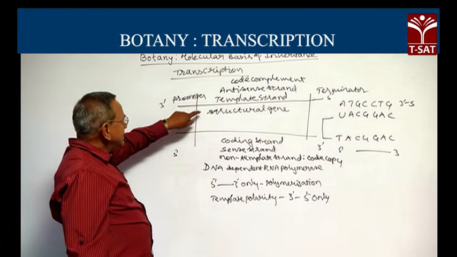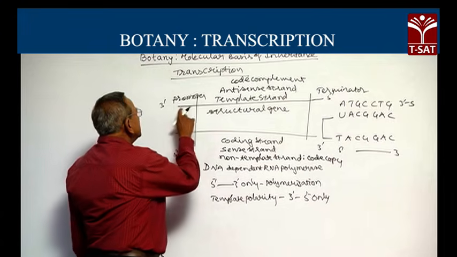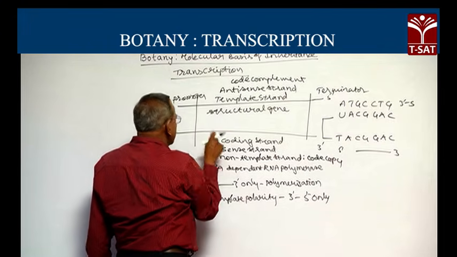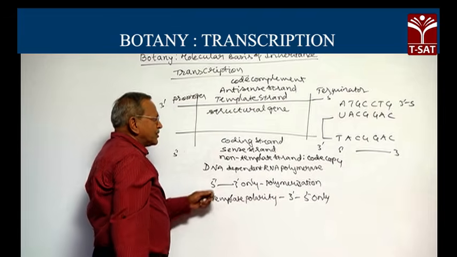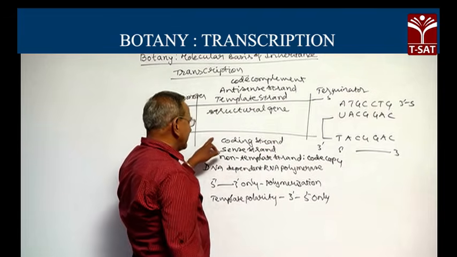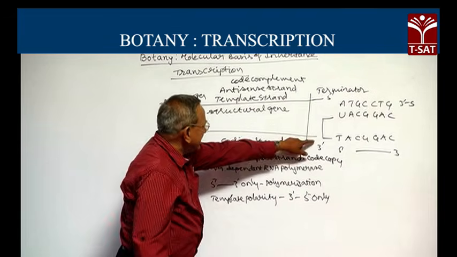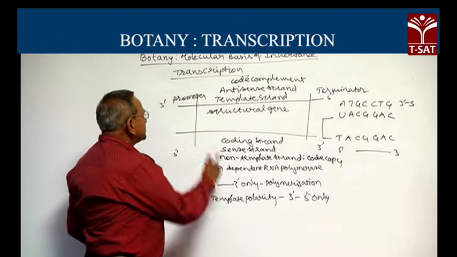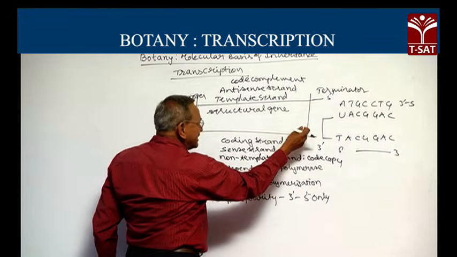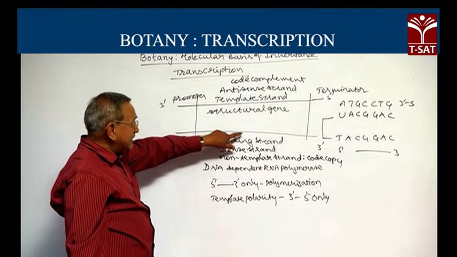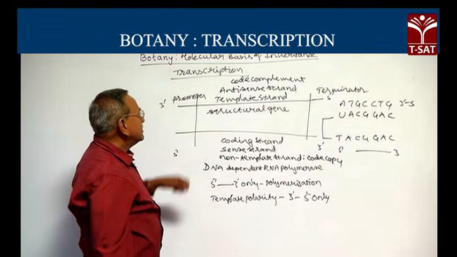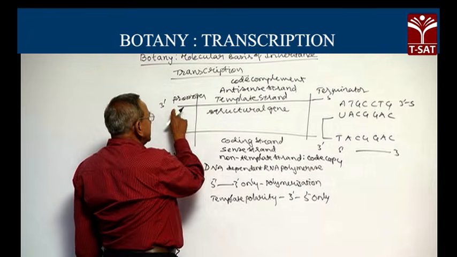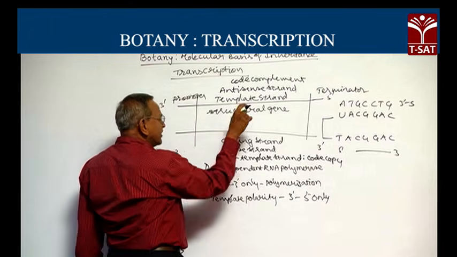So mRNA is produced from the template strand only. To produce an mRNA from the other strand, a promoter should be here and a terminator must be here. If the positions of promoter and terminator are interchanged, this can act as a template. This template has a polarity of 3' to 5'.